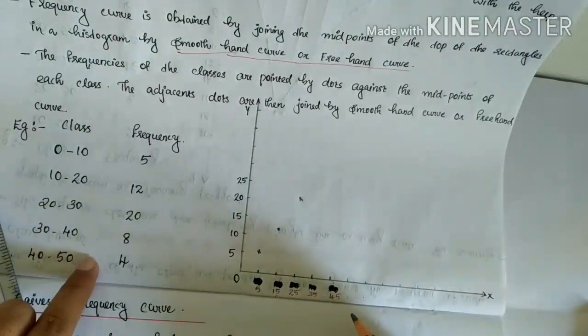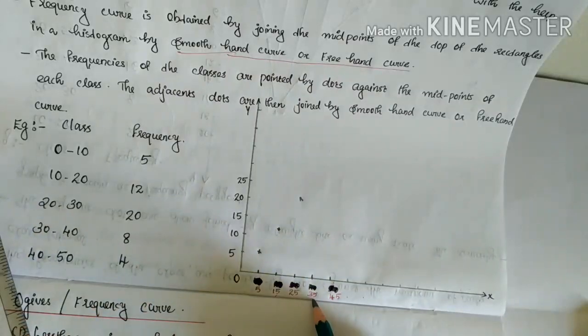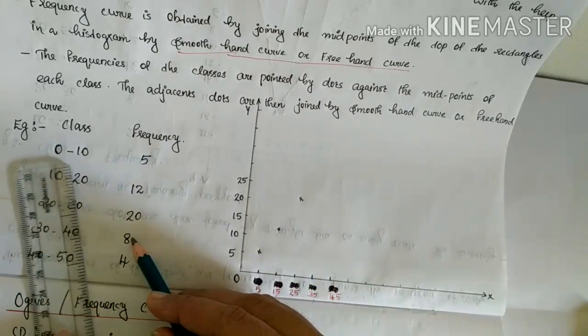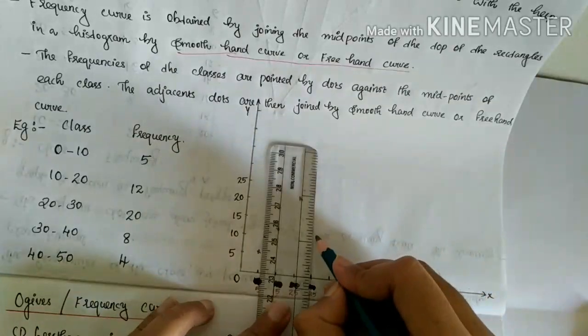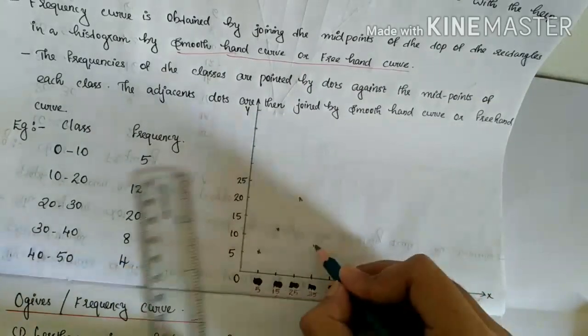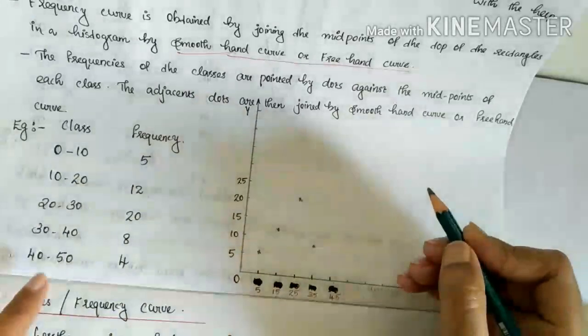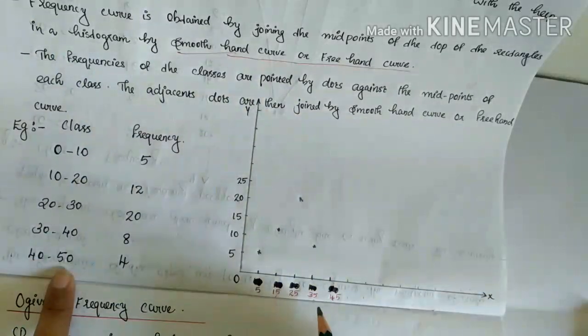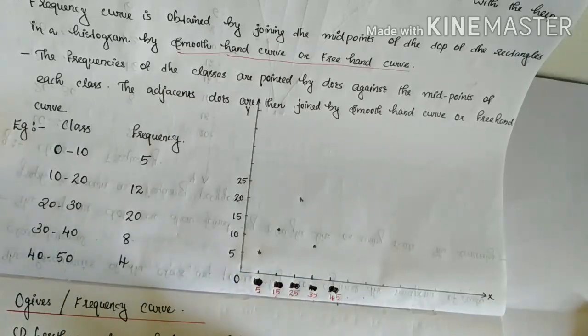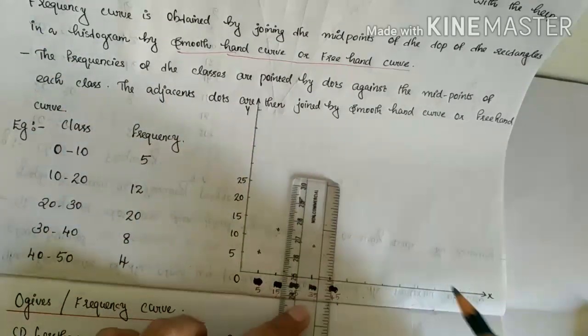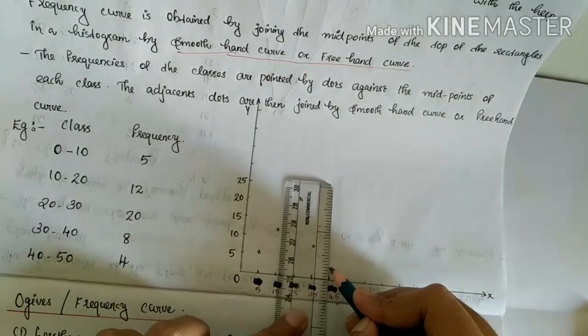And for the class 30 to 40, the midpoint is 35 and the frequency is 8. So you have to mark 8 here. It's below 10. And for the class 40 to 50, the midpoint is 45 and the frequency is 4. So you have to mark a point here. It's below 5.